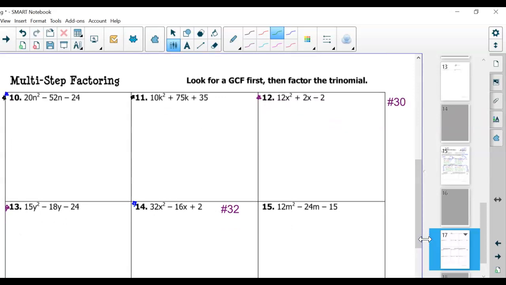So for number 10, I'm looking at it and I see that I could divide each of these by 2. If I divided each of these by 2, I'd be left with 10n squared minus 26n minus 12. Well, I can divide that by 2 again, which means I really could have divided all of these by 4.